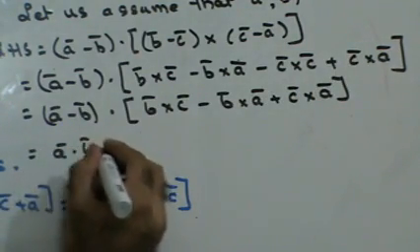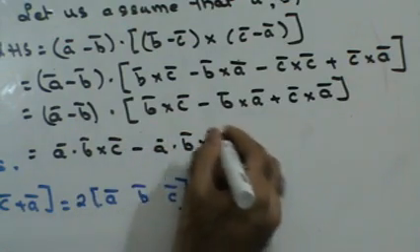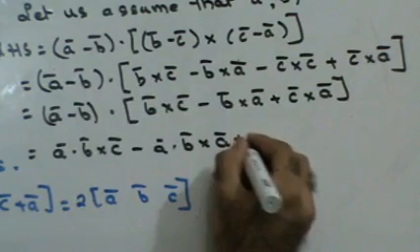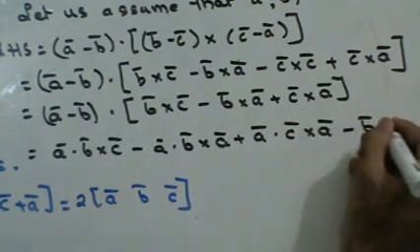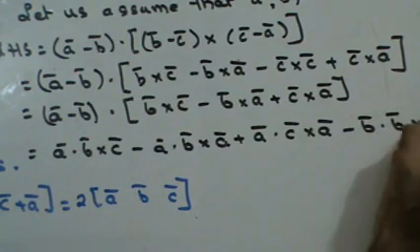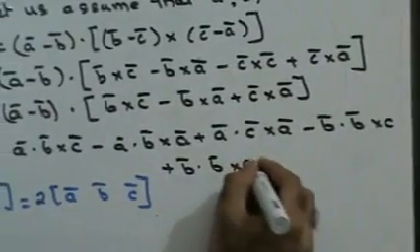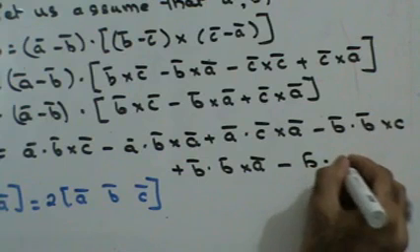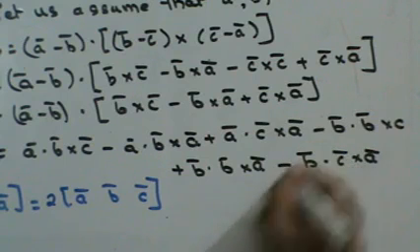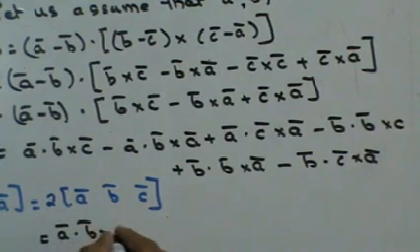Open the brackets and simplify: this is a dot b cross c minus a dot b cross a plus a dot c cross a minus b dot b cross c, minus into minus plus b dot b cross a, minus b dot c cross a. This can be written as a vector dot b vector cross c vector, the scalar triple product.